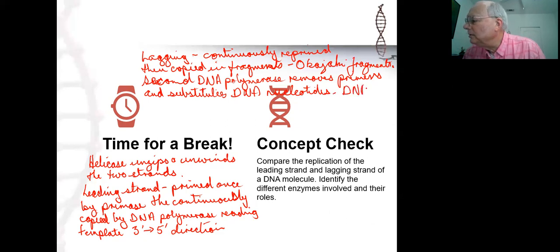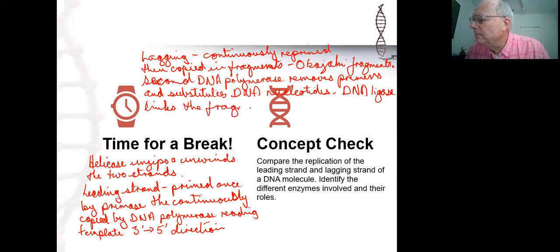DNA ligase links the fragments. So that gives you the basic idea of how each of the two strands are copied and the enzymes that are involved in the process.